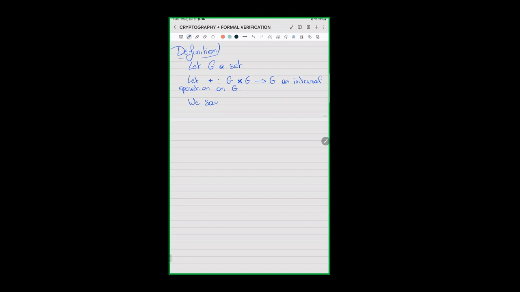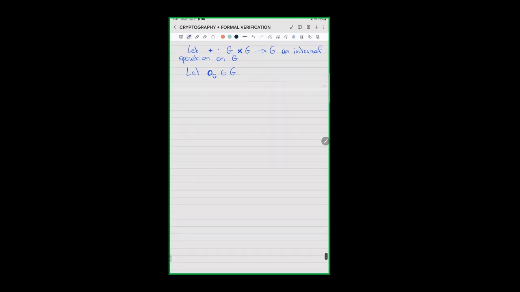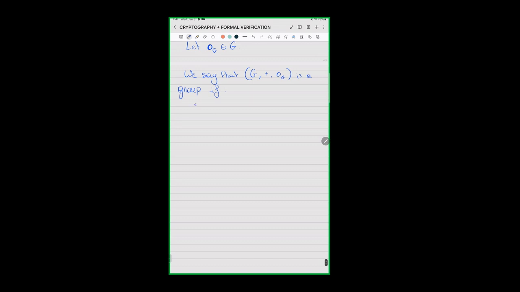We say that G is a group. Sorry, I'm going to add also another element, and we're going to use the notation 0 subscript G, an element of G. And we say that G, with a certain notation this way, (G, +, 0G), is a group if we have different properties.